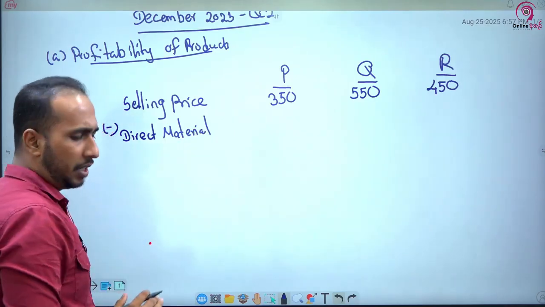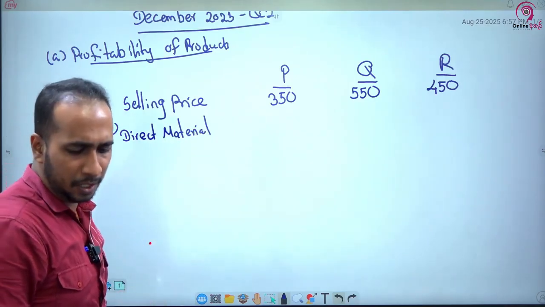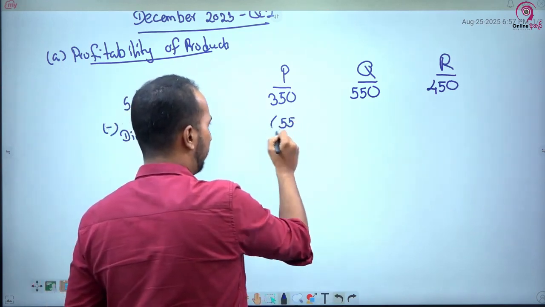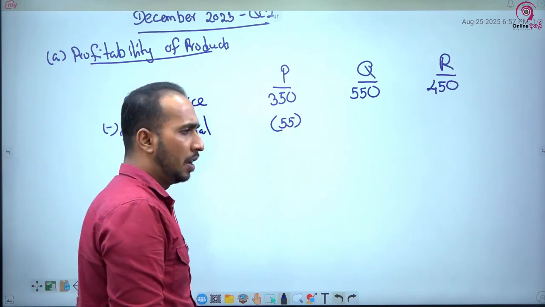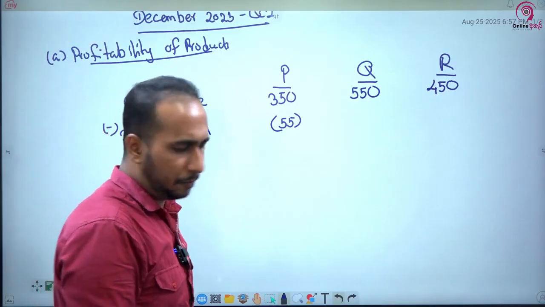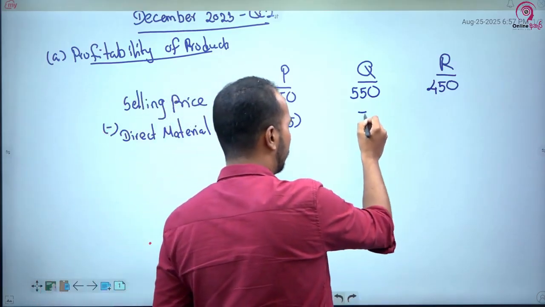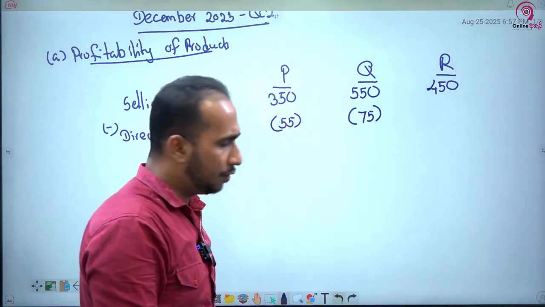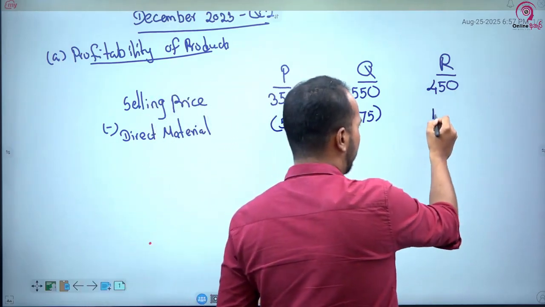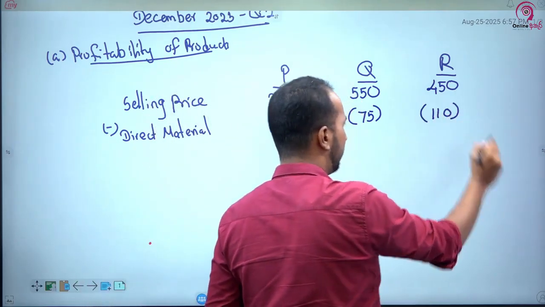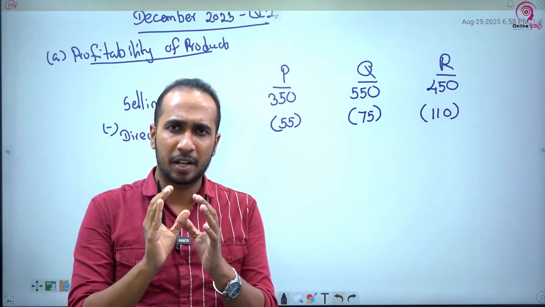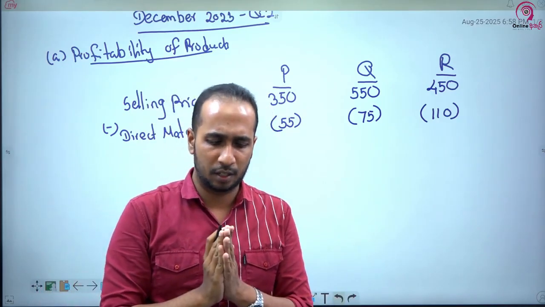When it comes to direct material, it is 55 rupees for product P, 75 rupees for product Q, and 110 for product R. So these are the direct material costs.